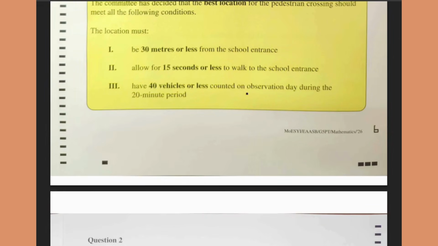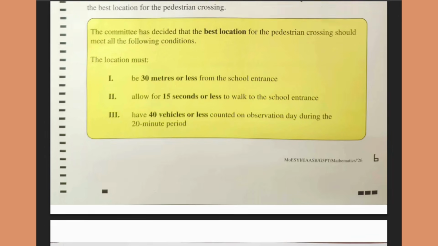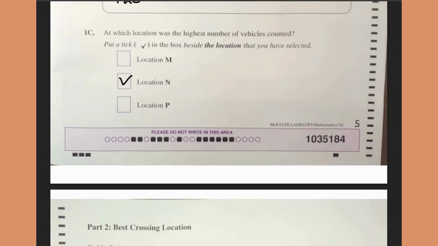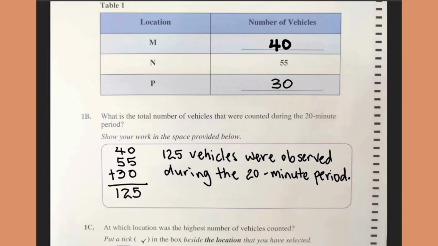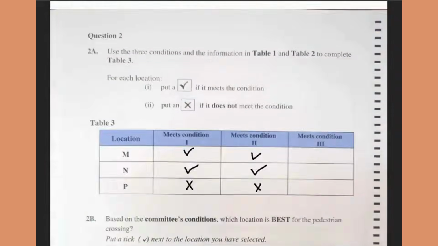Have 40 vehicles or less counted on observation day during the 20-minute period. So let's go back to table 1. Table 1. So 40 vehicles or less. Location M. Yes, it does meet that condition.